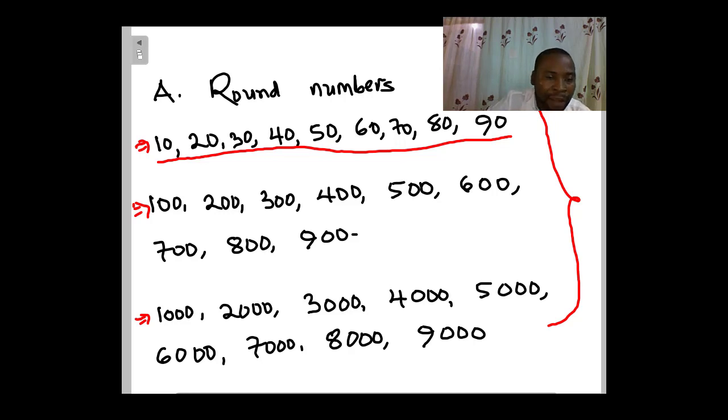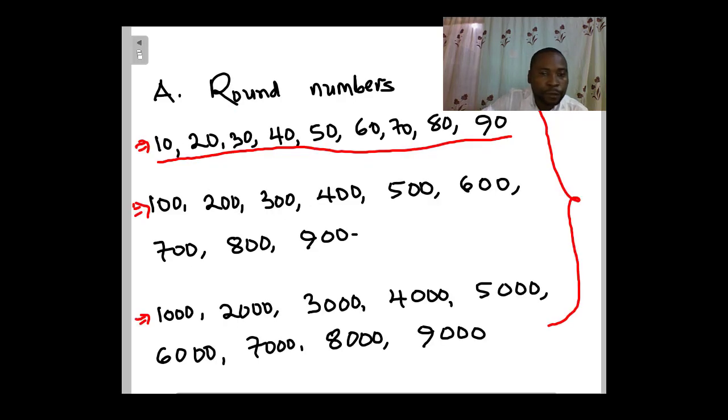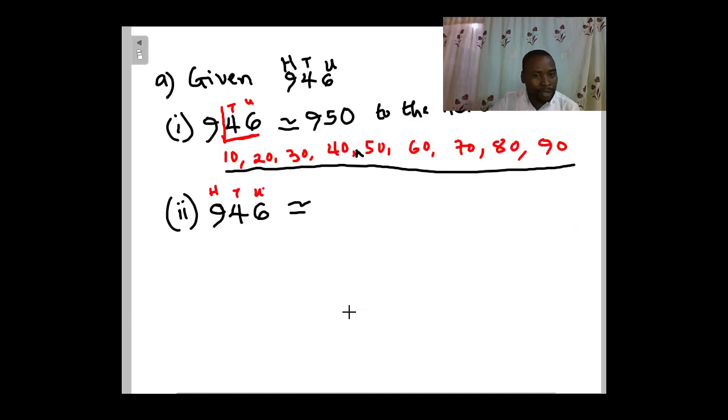Now, we have 946. Even if from here 900 we translate to 1000, 946 will be in between 900 and 1000. But where is it closer to? Is it closer to 900 than to 1000? Because if I have traveled 46 steps from 900, how many steps do I have left before I can reach 1000?